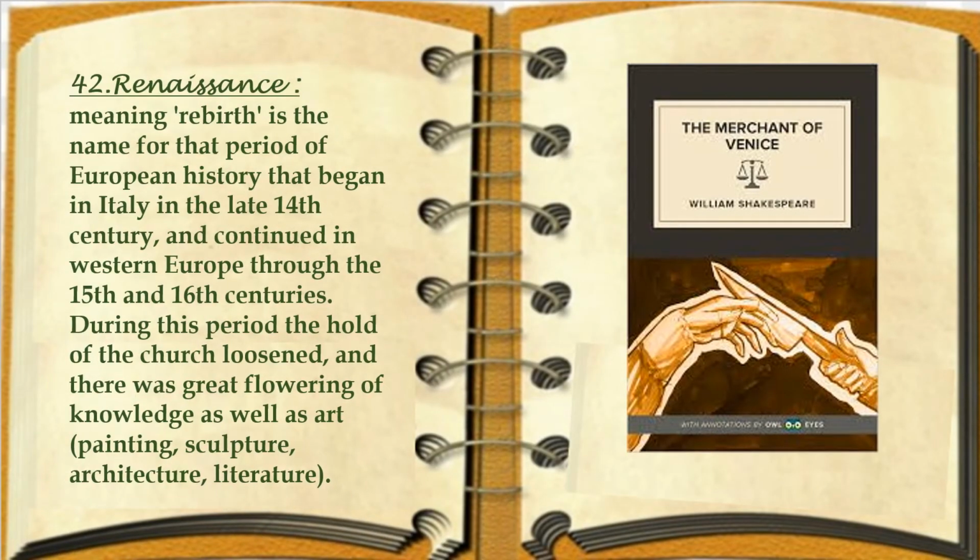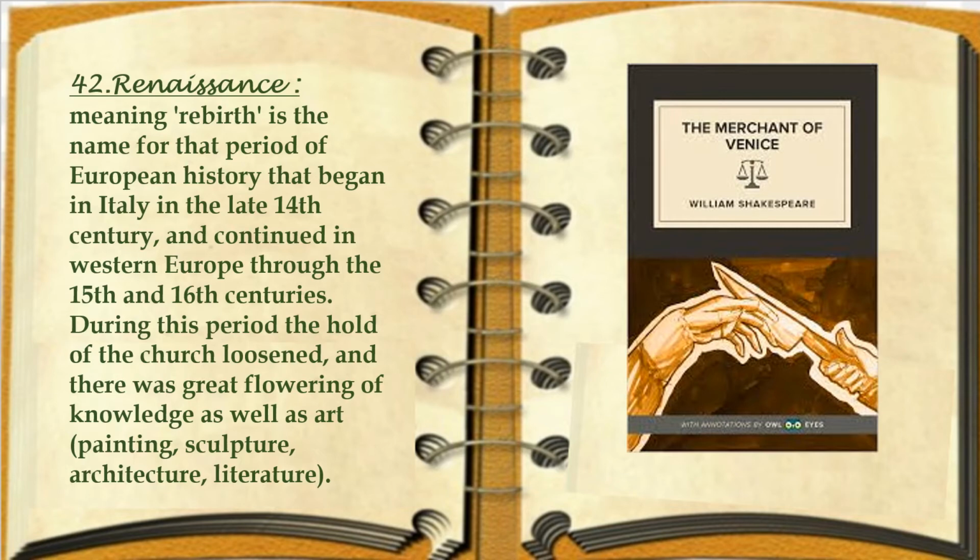Renaissance means rebirth. During this period there was a growth of literature. It had come out from the clutches or the grip of the church, and literature got a great flowering and flourished, with the entry of knowledge as well as arts like painting, sculpture and architecture.